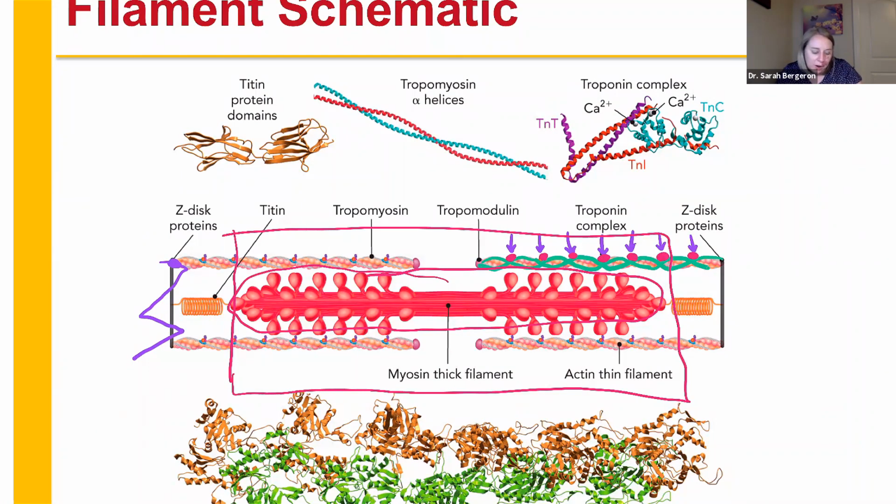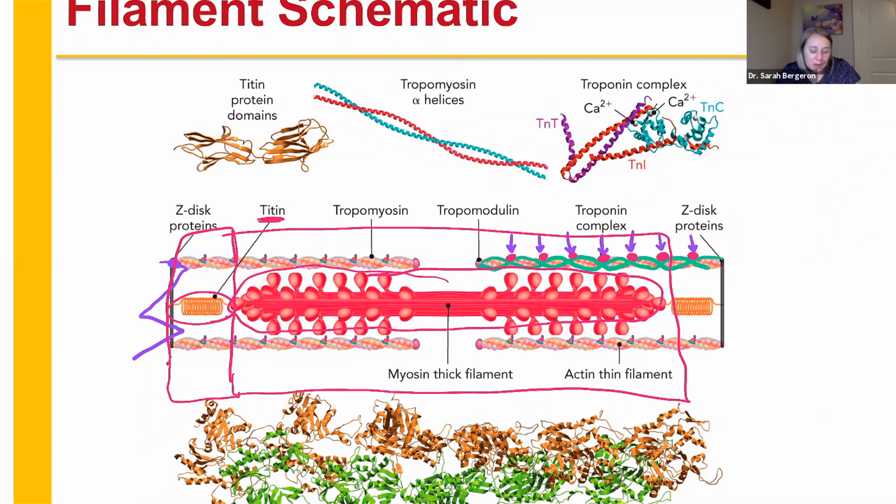It's going to be very dark. Then you're going to have a portion that's going to be light because we only have actin and this other protein called titin. And titin is like a spring. They draw it kind of like a spring here so that it can stretch and compress depending on the position of myosin. And we're going to look at how that works.